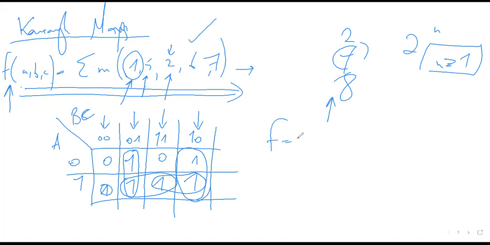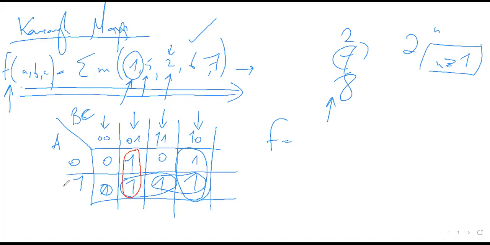So F can be simplified as, how do you read your pairs? You find where the variables remain constant, and you input those variables. Starting with this pair, can I put them in colors? Starting with the red pair, how do I read the red pair?